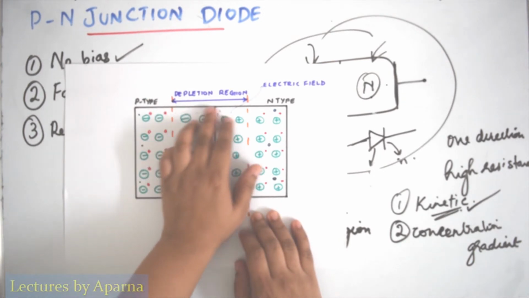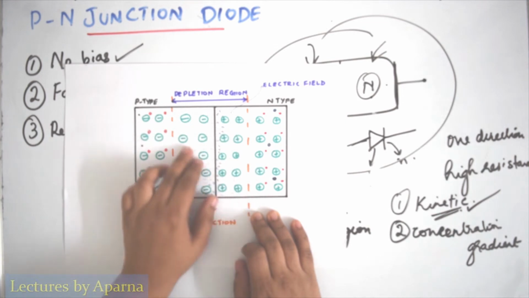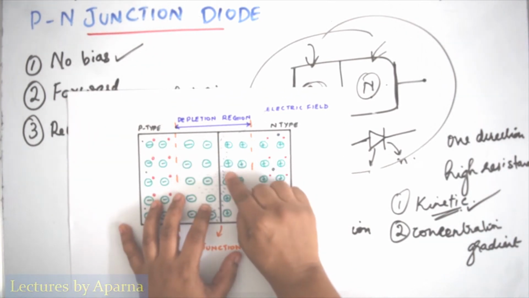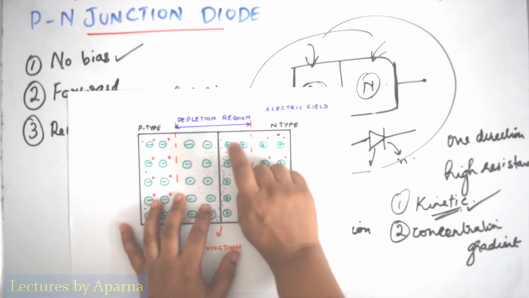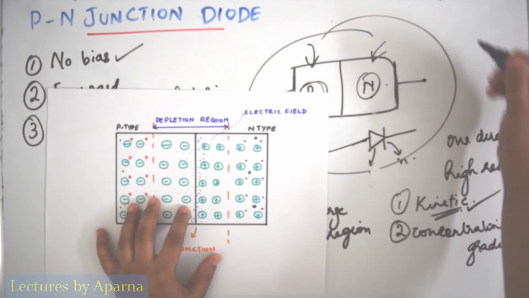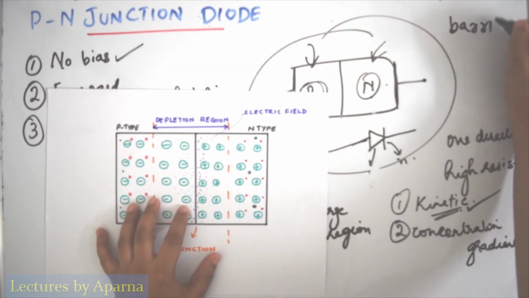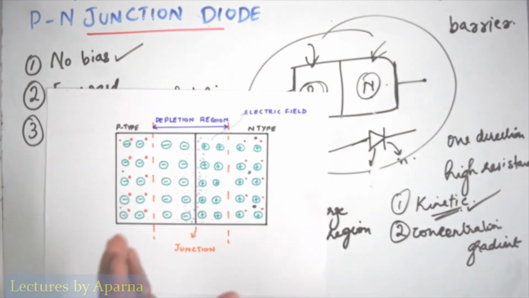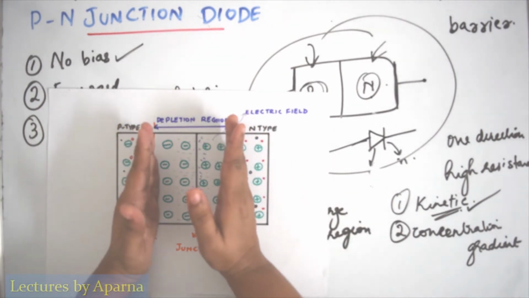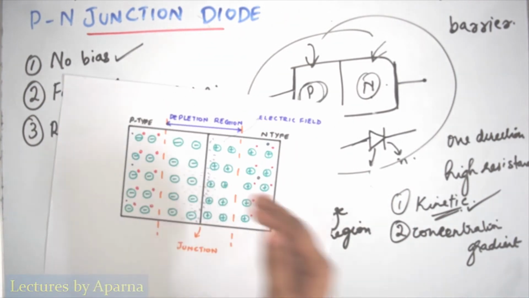So these positive and negative ions will create an electric field. These shown in dotted lines are the electric fields that are created by these ions. This electric field is called the barrier. This creates a barrier, and this region is known as the depletion region.